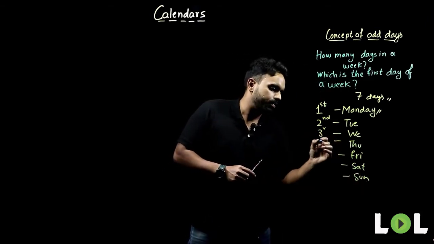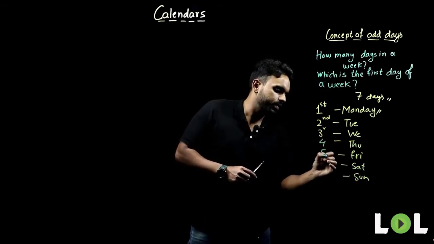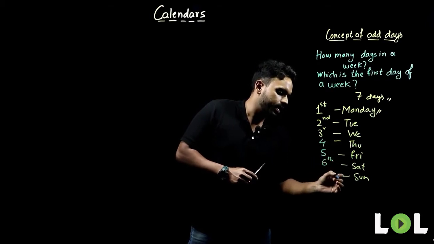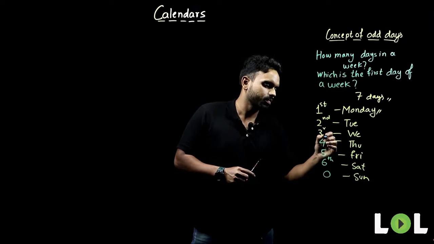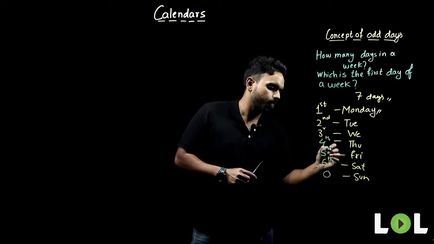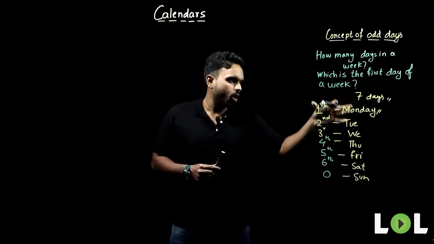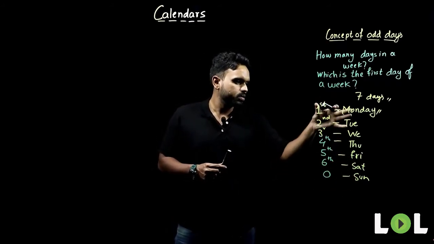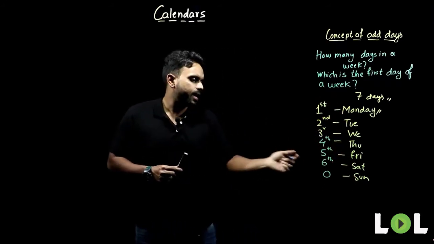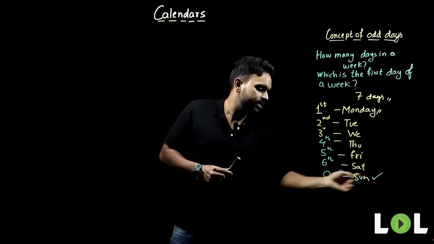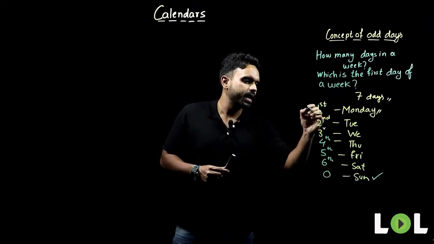So, this will be my 4th, 5th, 6th and not 7th, it is 0. We will be using it throughout our sessions on calendar. So, please make a note of this and pay attention that Sunday is 0, and Monday is 1.